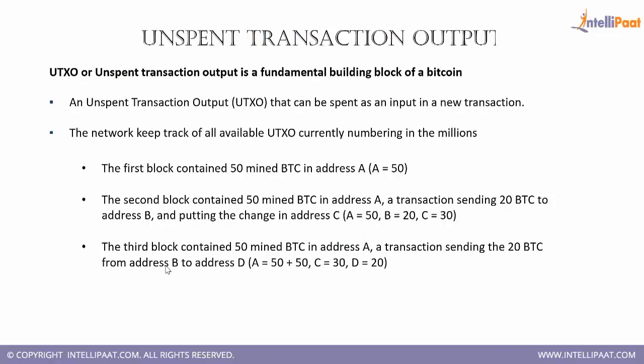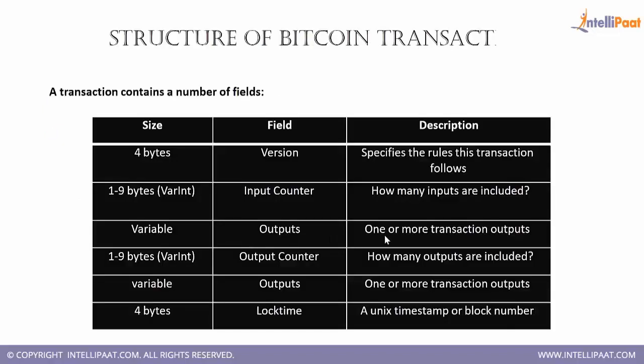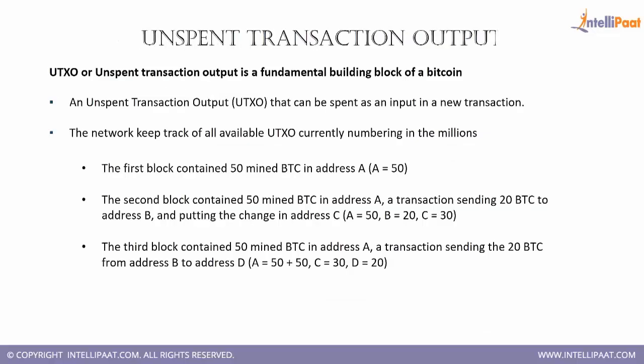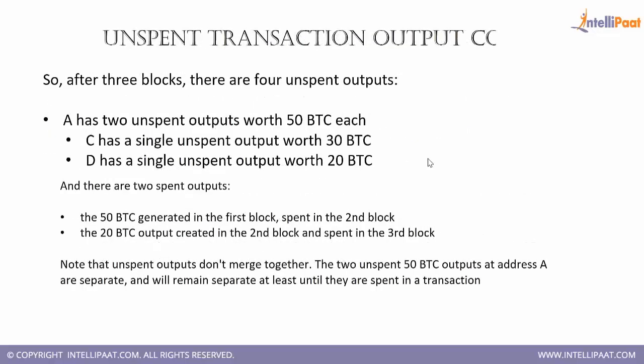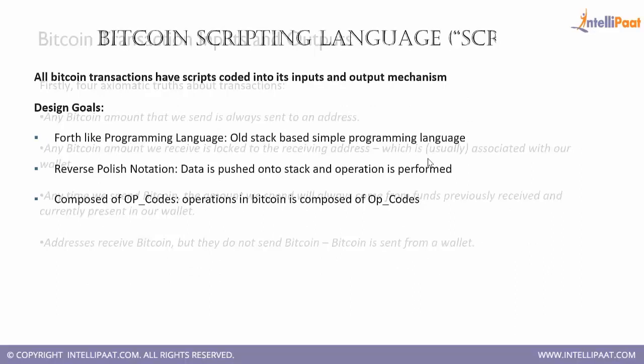This is what we are trying to say. You have one or more transaction outputs, an output counter saying how many outputs are included, and then 4 bytes for the lock time, a Unix timestamp or block number. So, going to the scripting language.